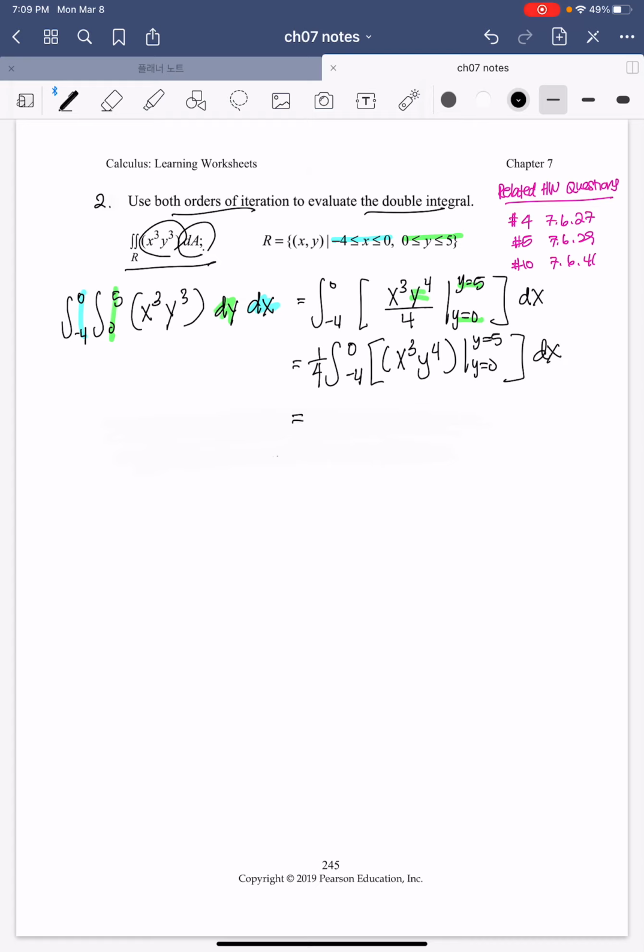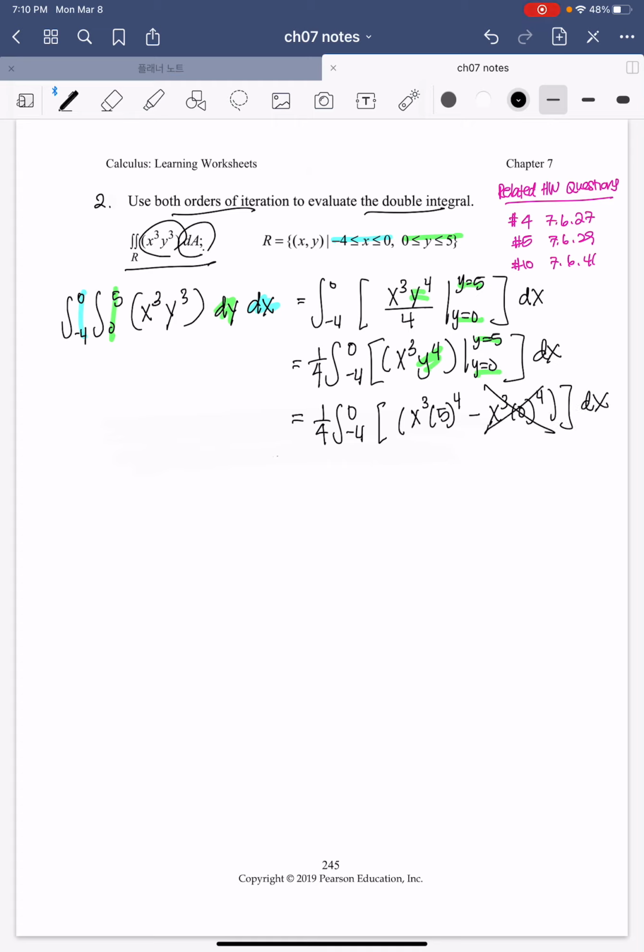So plug it in. 1/4, -4 to 0. Here, again, these are my y values. So I'm going to have x cubed, 5 to the 4th, minus x cubed, 0 to the 4th power, dx.